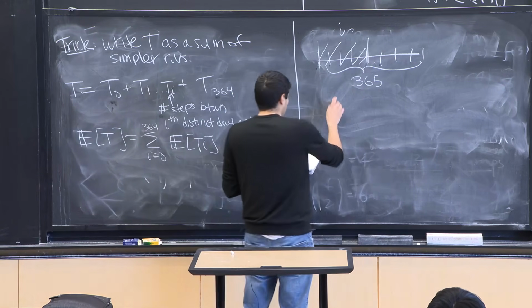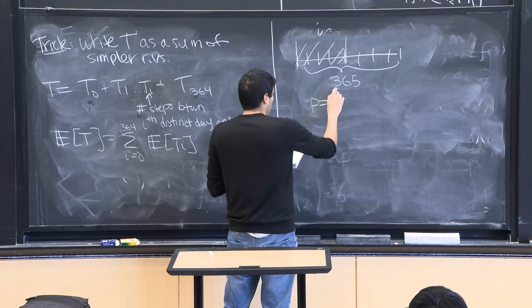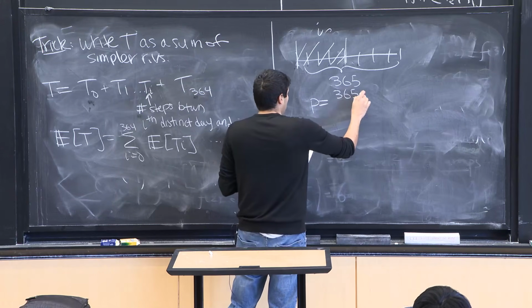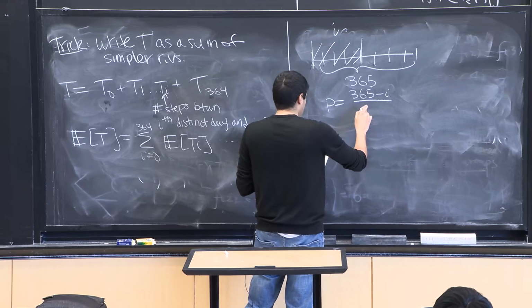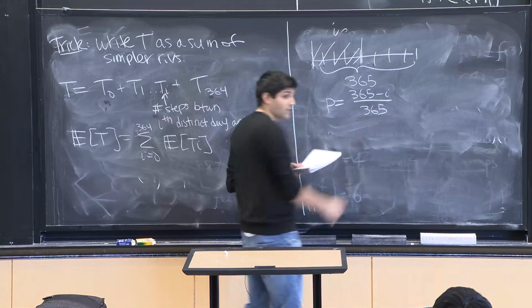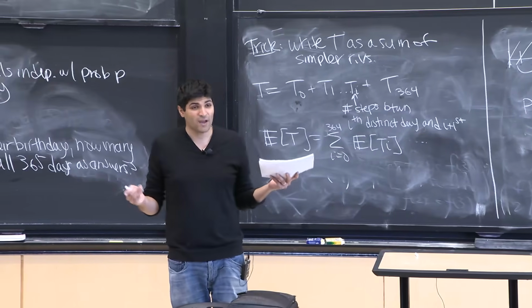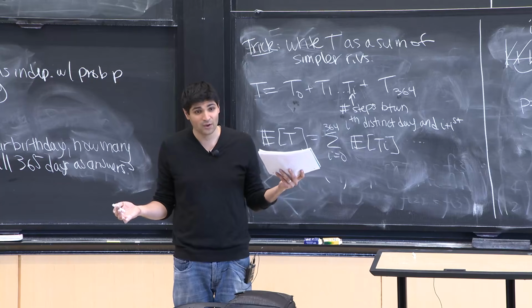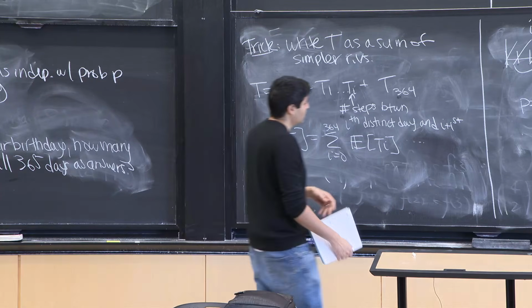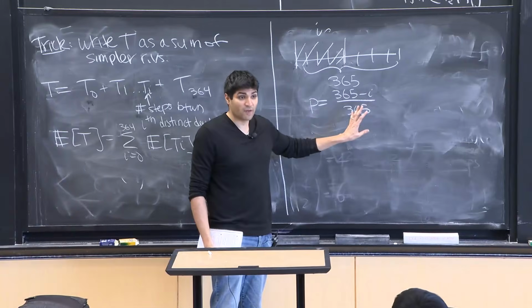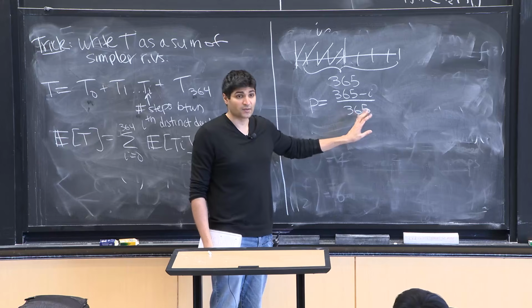So we know that the probability that any particular dart lands outside this set is just (365 minus i) over 365. This makes intuitive sense. When i equals 0 and I haven't seen anything, I'm definitely going to get a new birthday. When I've seen all but one of the birthdays, I have a 1 over 365 chance.